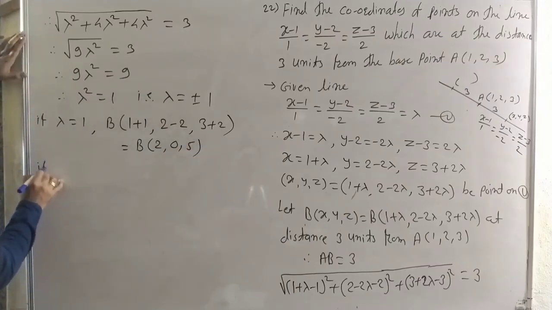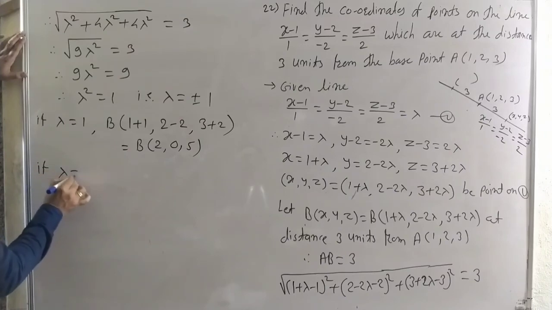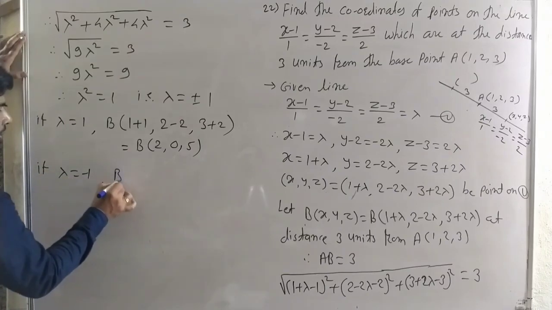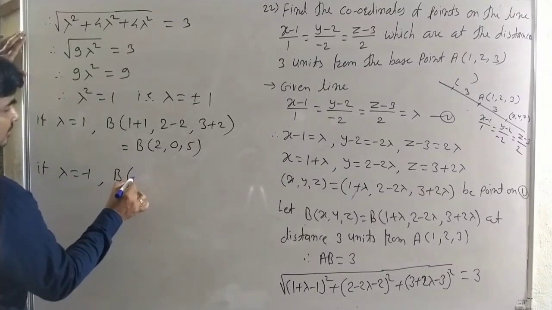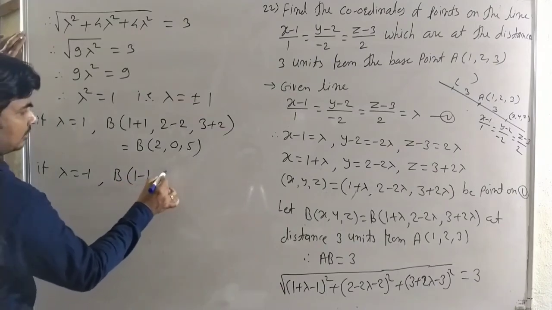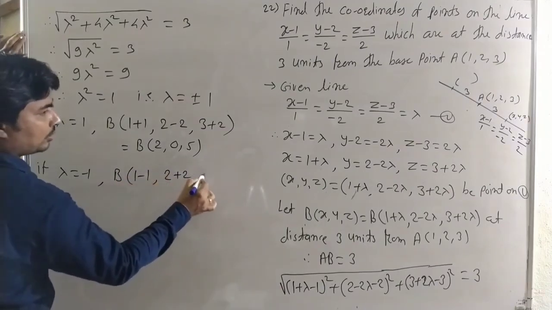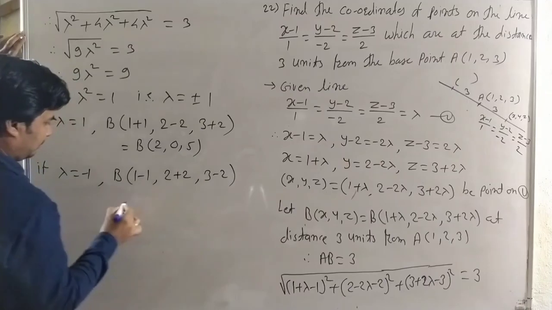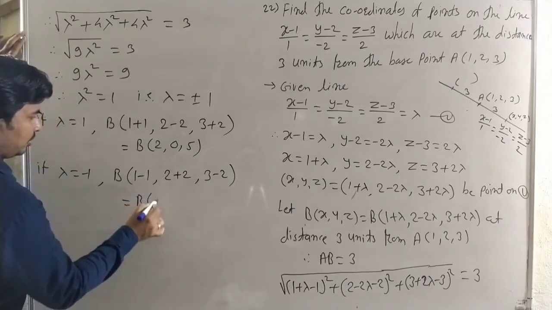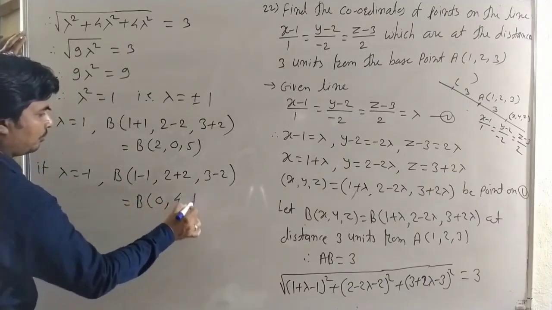And if lambda is equal to minus 1, then the coordinates of point B are 1 minus 1, 2 plus 2, and 3 minus 2. And therefore the coordinates of point B are 0, 4, 1.